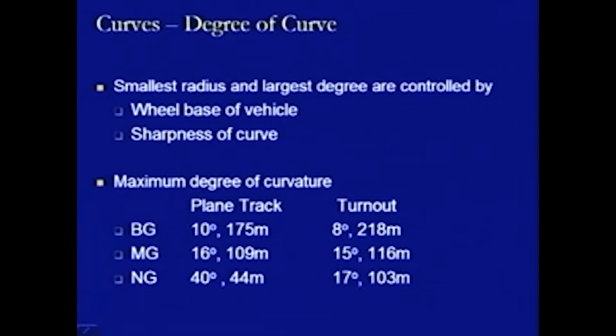A flatter curve means there is very little problem of loss of tractive effort, but if the radius is very small, it means a sharp curve is there. So, what is the governing feature which restricts the radius to the lowest minimum value? Similarly for the degree of curve, which is to be taken in opposition to the radius, we have to talk about the largest degree up to which we can go.